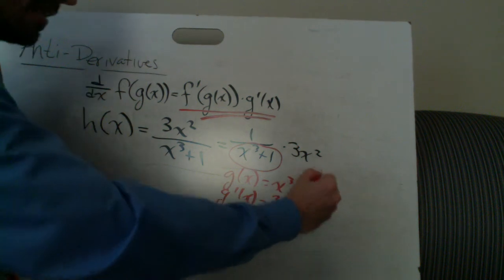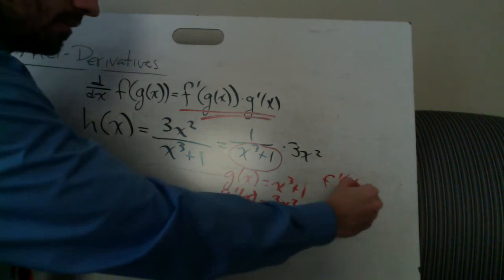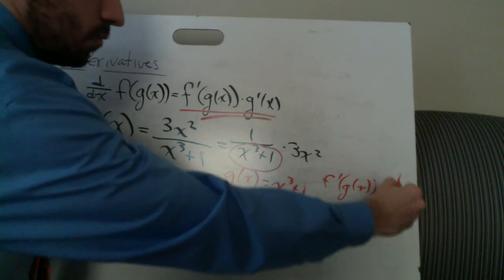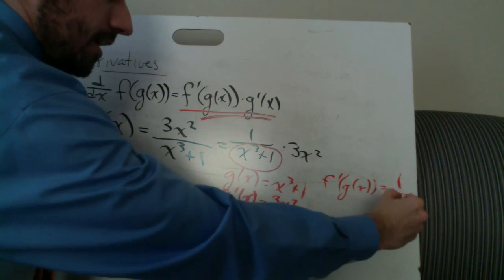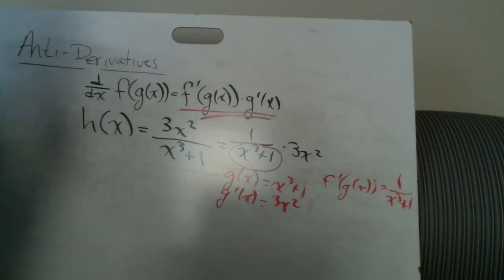Because I know to myself, f prime of g is just 1 over x cubed plus 1. So f must somehow be something whose derivative is 1 over a function. And perhaps you recall that 1 over x is the derivative of natural log.